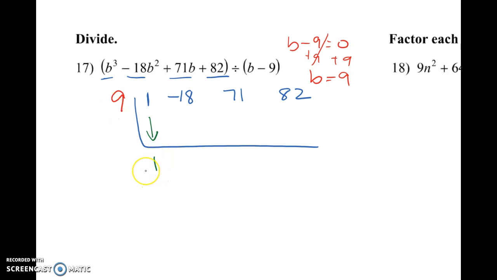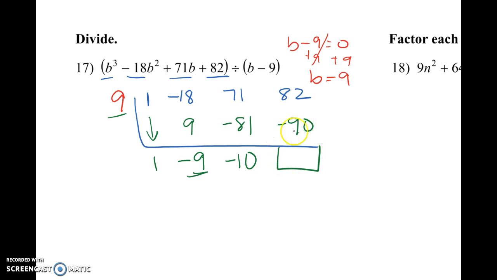9 times 1, I'm going to multiply. I multiply those. And now I'm going to add these. So a negative 18 and a 9 give me a negative 9. If I multiply 9 with negative 9, I get negative 81. If I add those, I get negative 10. Continue, and I multiply, and I get negative 90.